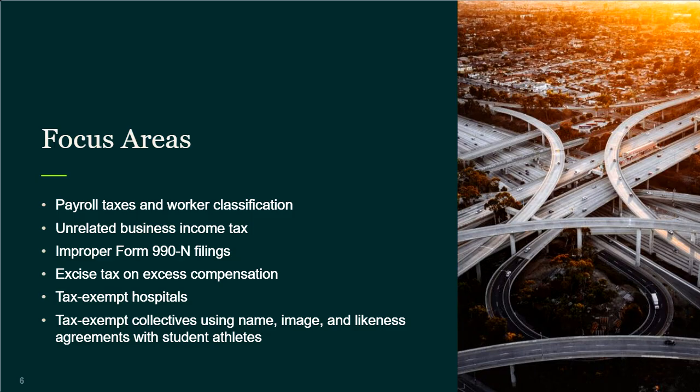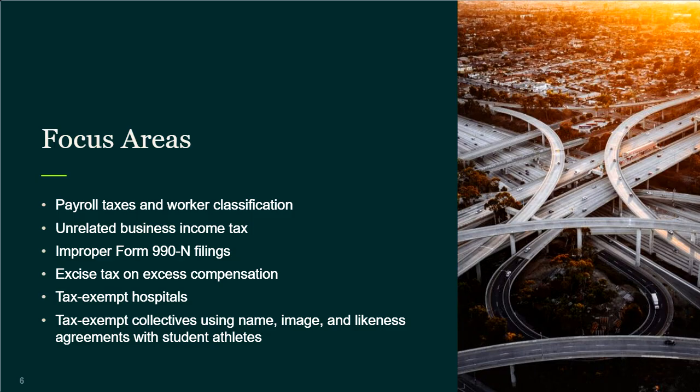This last bullet point is a new one, coming about with regards to some court cases that have been happening within the higher education space, where a lot of organizations and individuals are starting up collectives, so name, image, and likeness collectives. The IRS generally does not view those favorably as a tax-exempt purpose, because a lot of those name, image, and likeness situations are for the benefit of specific students or specific individuals and not the greater good.